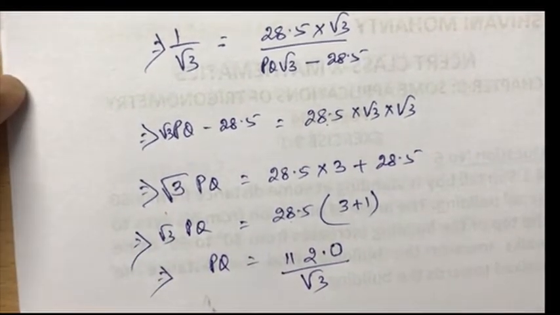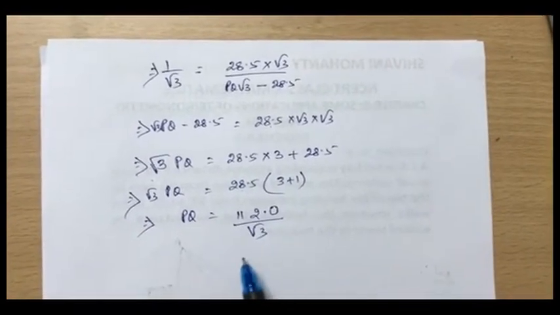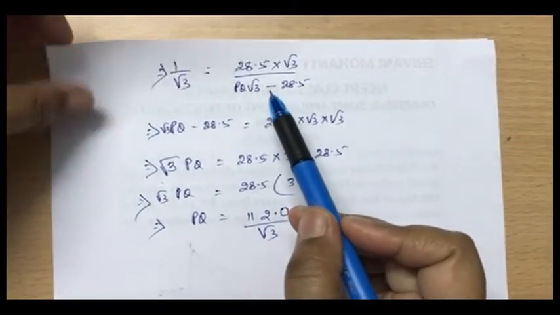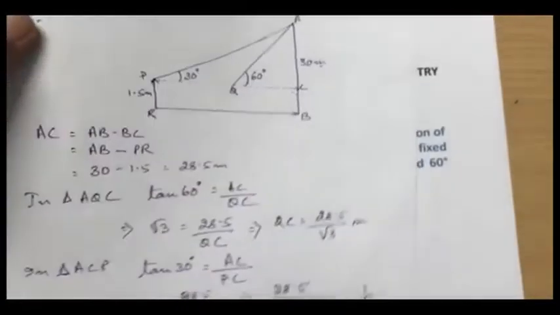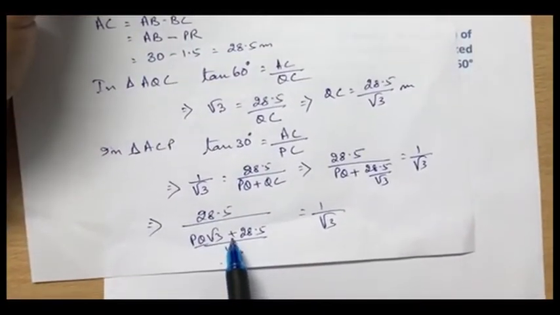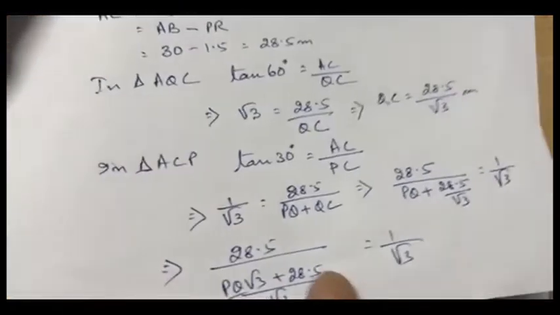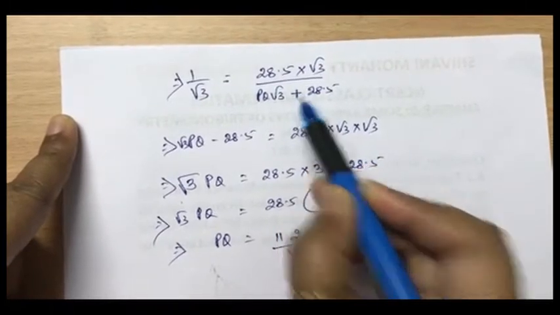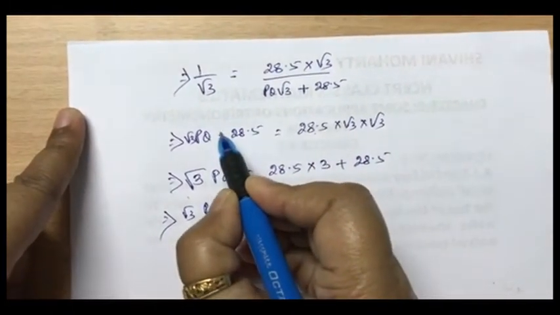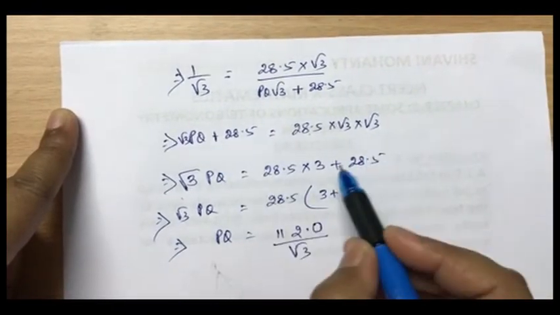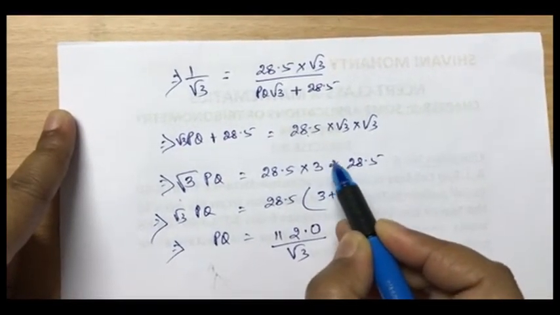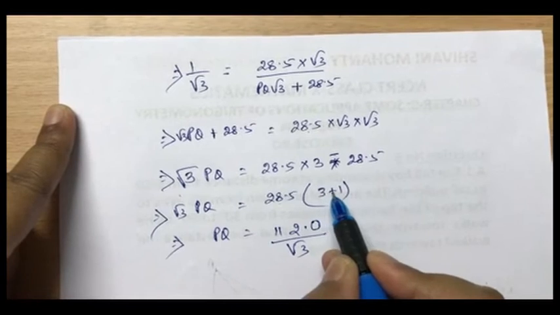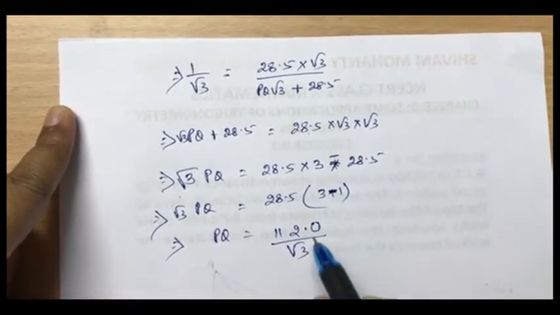Here I have made a mistake. What is the mistake? Let me go to the previous step. See here, this is plus, isn't it? Now what I have done here is I have written minus. So let us do the correction. This will be plus, so when this comes here, it will be minus, and here it will be 3 minus 1.